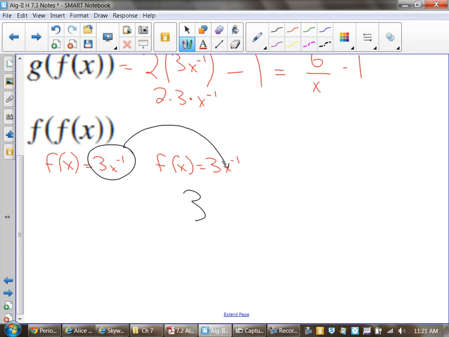So you wind up with 3 times the quantity, because the x value is being raised to the negative power, of 3x to the negative 1.